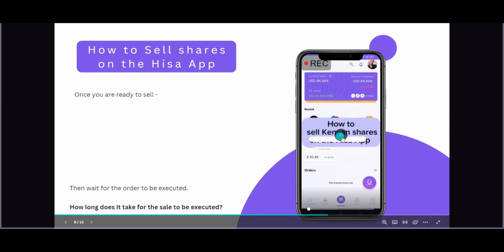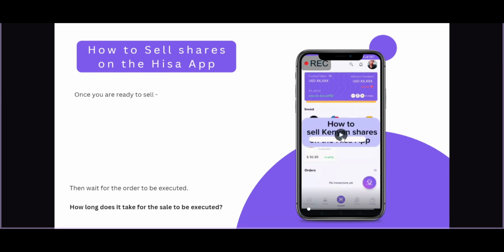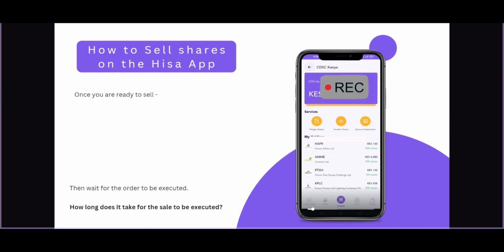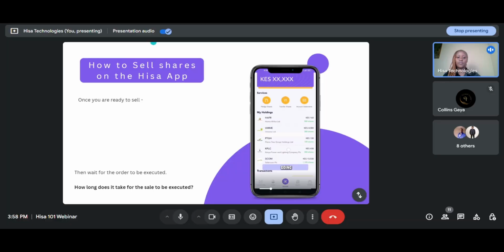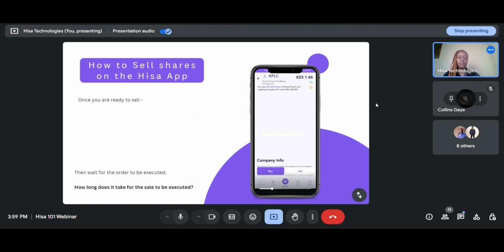So how to sell Kenyan shares on the Hisa app. On the invest page, tap on the CDSC button. On the new page, you can search for the stock that you want to sell. In this case, I'm going to sell KPLC. On the new page, tap on sell.